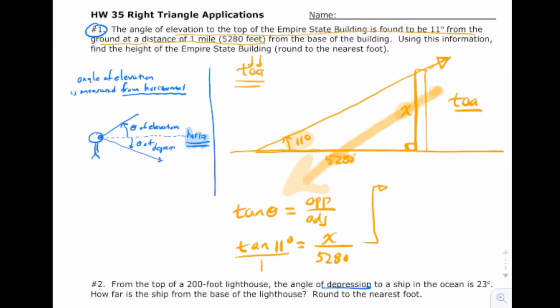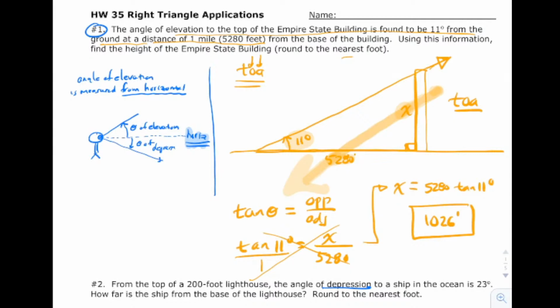You can put that over 1 if you want, and then say cross products: 1x is equal to 5280 times the tangent of 11 degrees. That didn't take so long to do. Let's just type that in. 5280, tan button, 11, boom. To the nearest foot, it says, so I'll round this number to the nearest foot. It's just about 1,026 feet tall.